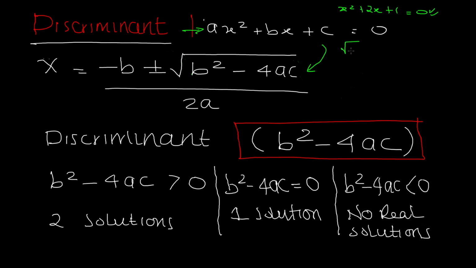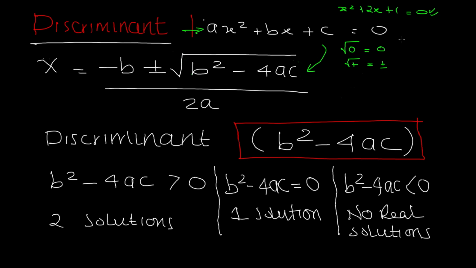Remember, in our earlier files on real numbers, we said that the square root of zero is zero. If you get the square root of a positive number, you get two numbers.